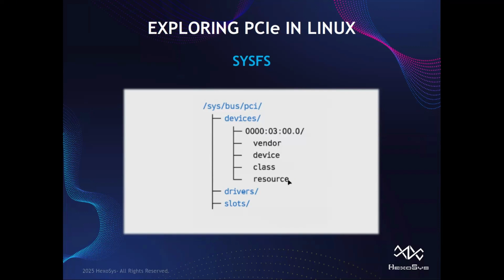We also have the resource file. Resource can provide an interface to read and write directly to our BAR addresses, and we can communicate with the device, which I will explain in our practical example. And drivers can show you the link to the drivers used by each device, and we have other parts.